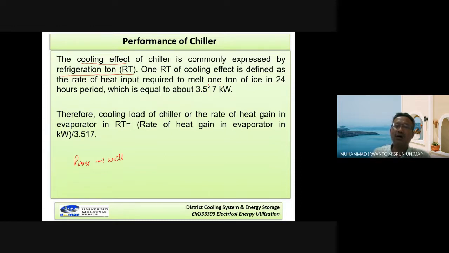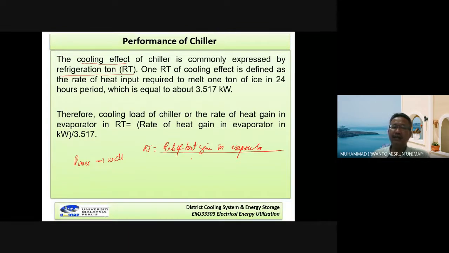So we can define that RT is equal to the rate of heat gain in the evaporator divided by 3.517, with the unit in kilowatt.